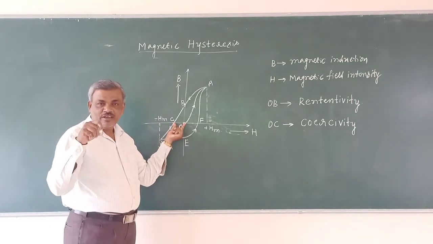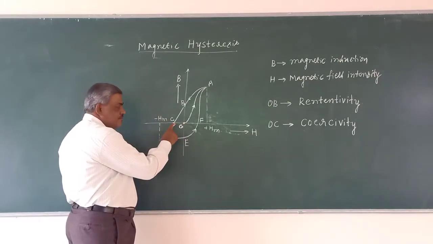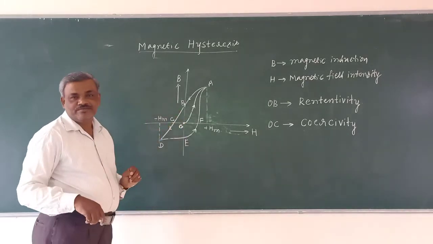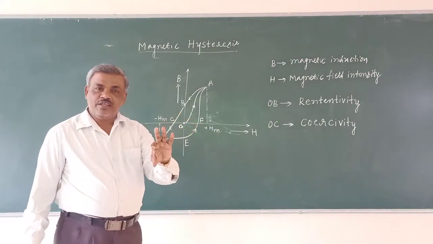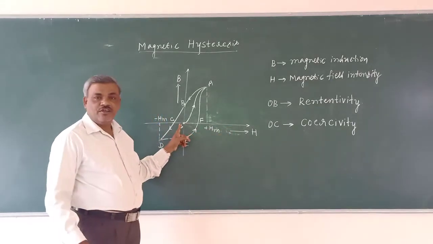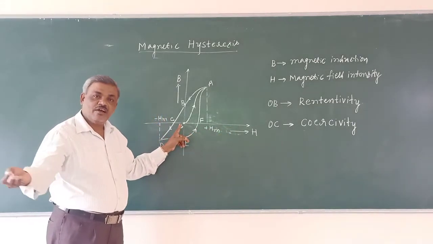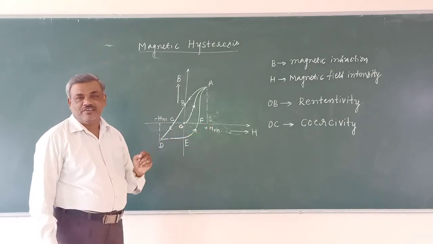The property of a ferromagnetic material: the value of H when B equals 0. The magnetic field intensity required to demagnetize the specimen completely is called coercivity.